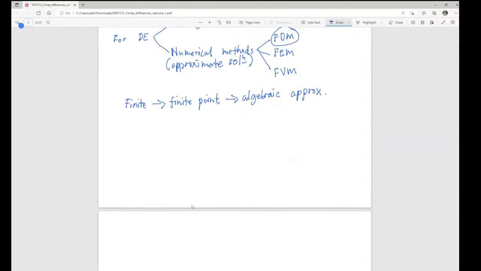Okay. Do you still remember these equations that you have learned before? Maybe many years ago.